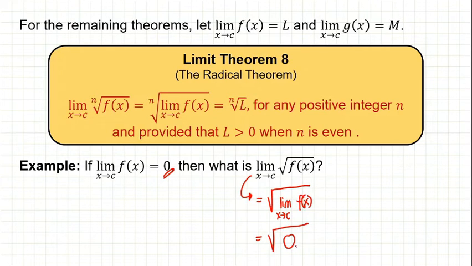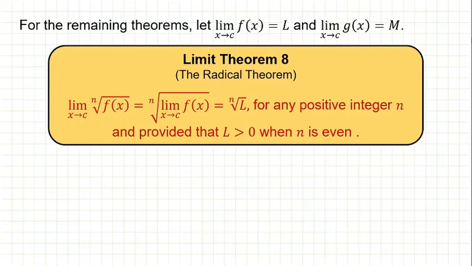Even though may value itong square root of 0, since it violated the theorem, we can conclude that the limit of the square root of f of x as x approaches c does not exist. Okay? So we need to really consider the index of the radical sign. Okay? Especially if it is even. Dapat yung nasa loob ay greater than 0.